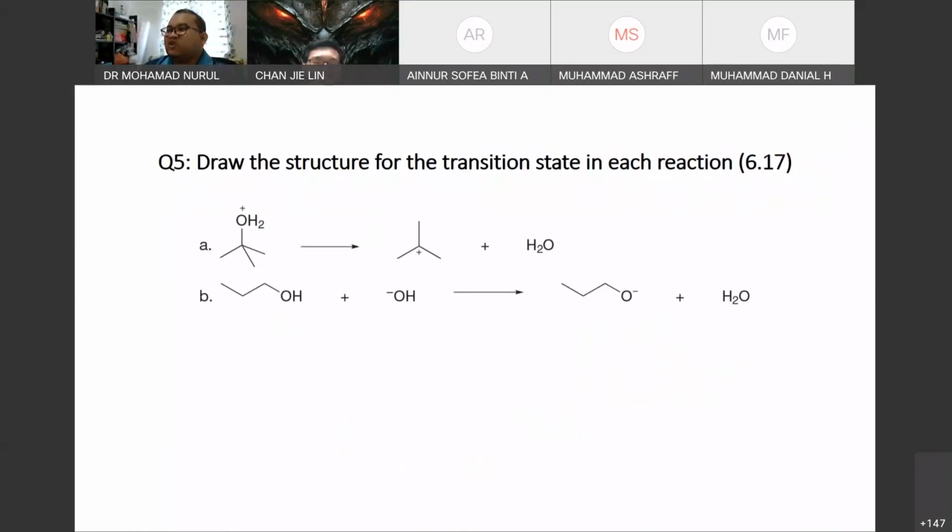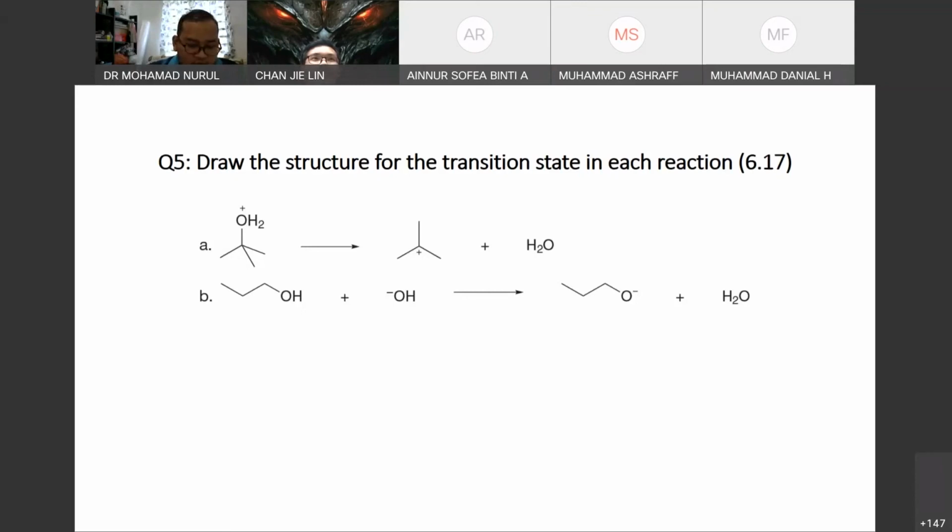Okay, next. Draw the structure for the transition state in each reaction. You can easily refer to 6.17. In transition states, you have to draw dashed lines to indicate the partially broken and partially formed new bonds. And you have to put a partial charge if they have it.